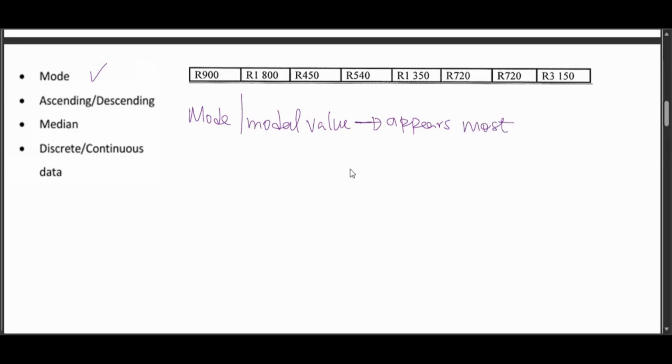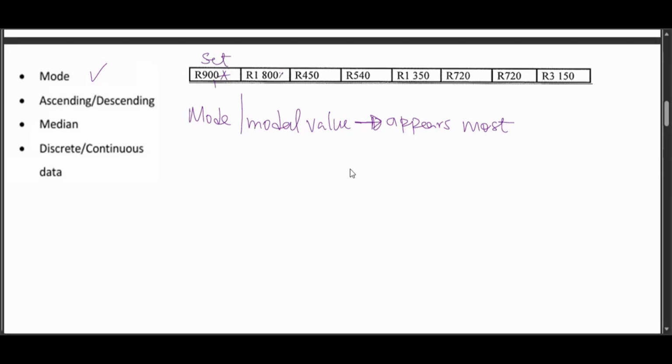You don't need to do any calculations. Look at the data and you get, for example, this set of data that we have here. These are values, actually income, in money format. What number appears most? We have 900. Do you have any other 900? No. We have 1,800. Any other?